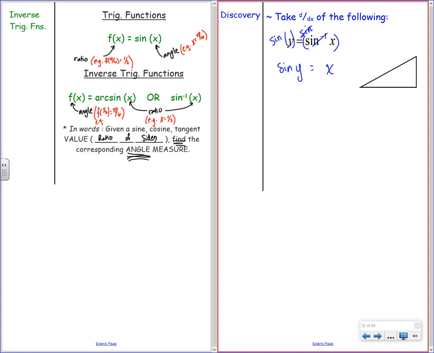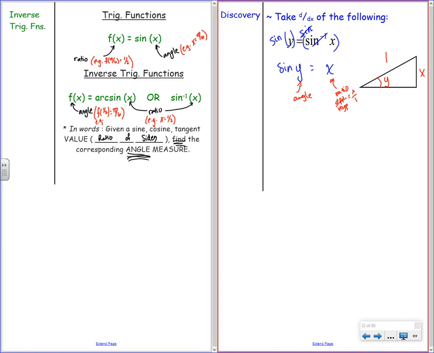Now pause. Isn't y an angle? Then what's x? A ratio. So couldn't I say opposite over hypotenuse is equal to x over 1? So for angle y, opposite is x, hypotenuse is 1.